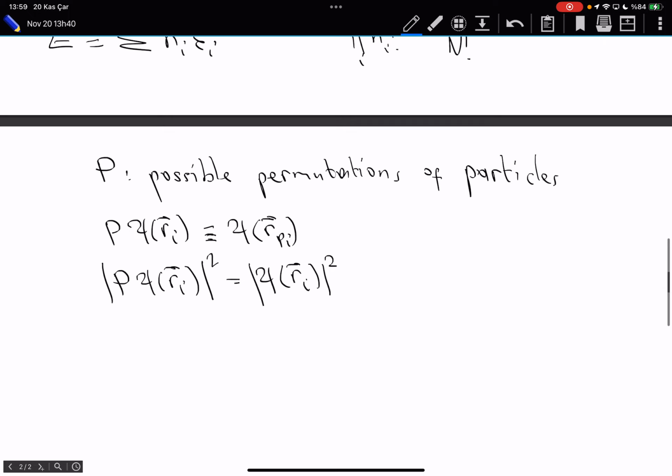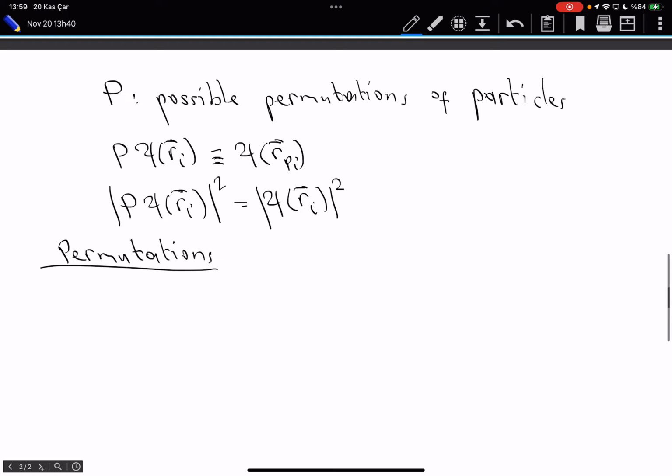Now, how familiar are you with permutations? Okay, let me just go over some permutations. What a permutation tells us is how you change the order of numbers. So, for example, you can have a permutation which takes 1 to 2, 2 to 3, 4 to 5, and doesn't do anything with 6. So this is one example of a permutation.